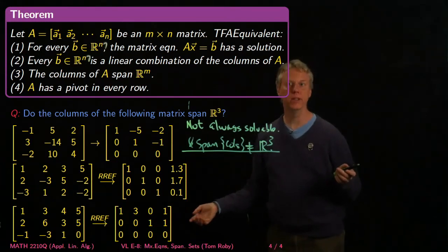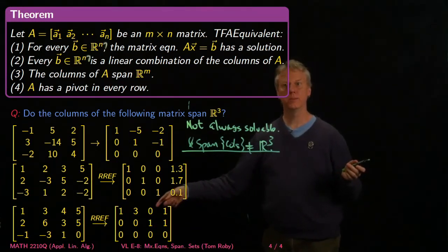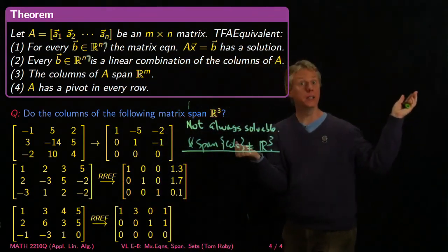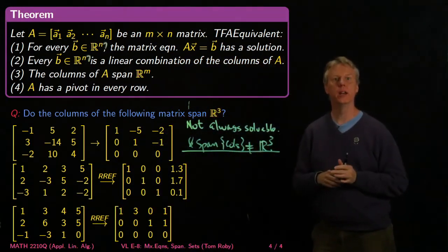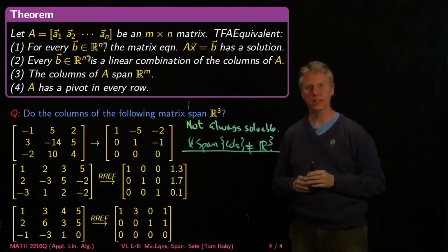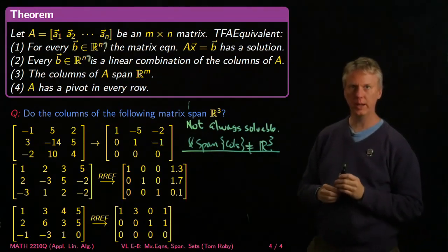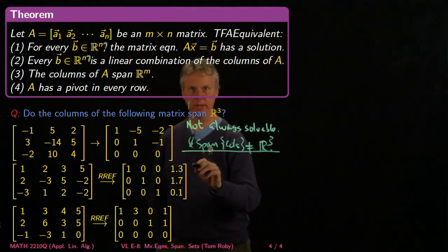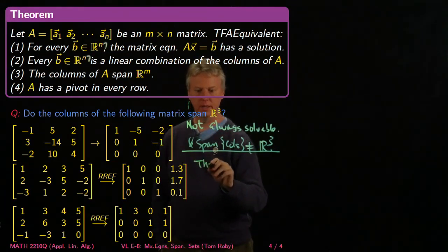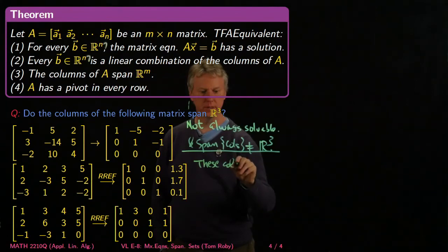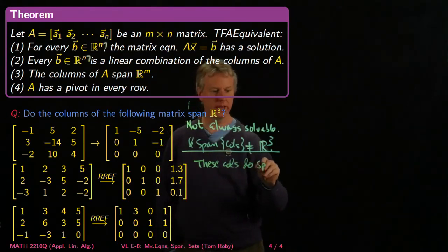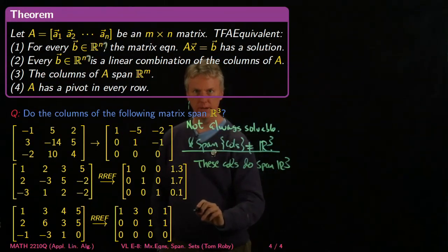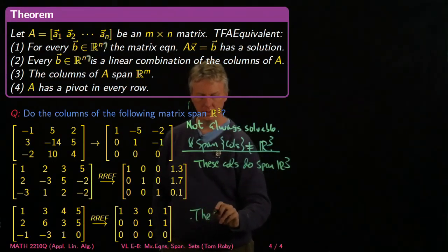And again, like the previous example, the span of these 4 vectors is still going to lie in some plane in R^3. They're not going to go outside that single plane. Okay, so here, these columns do span R^3, and then finally, these don't.